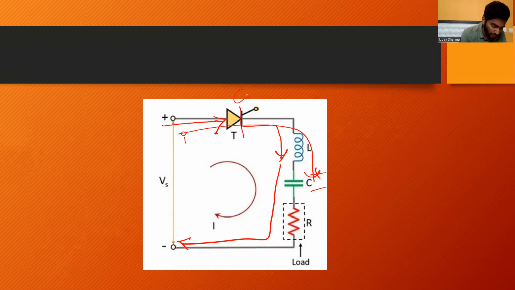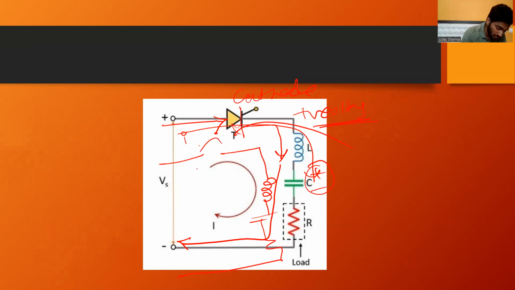The cathode is supplied the positive voltage, which is equal to the supply voltage, as the capacitor holds the exact amount of the supply voltage. So the thyristor gets turned off and an open circuit is formed. This is the open circuit, or the class A commutation of a thyristor.